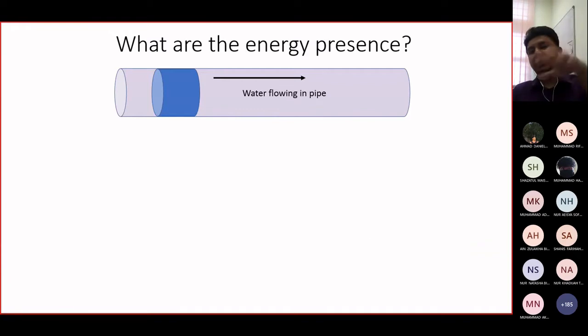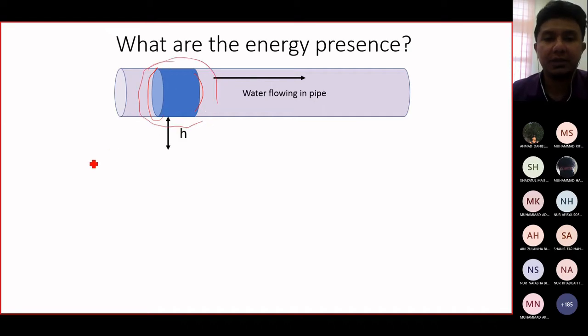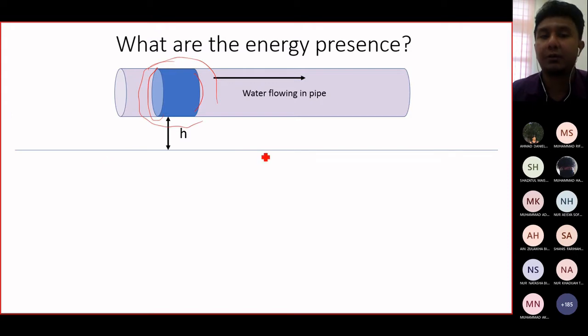So what are those energies present in flowing fluid? First, imagine this is our volume of fluid moving. This pipe is located at higher ground, just for the sake of discussion. Height can be changed. It can be 0 if you want. Imagine we have water flowing.